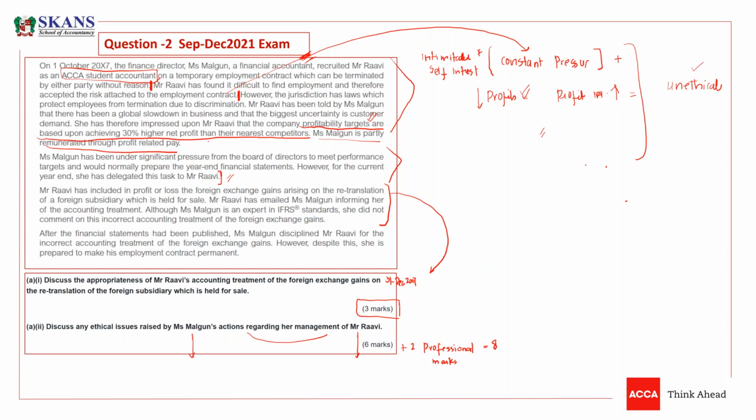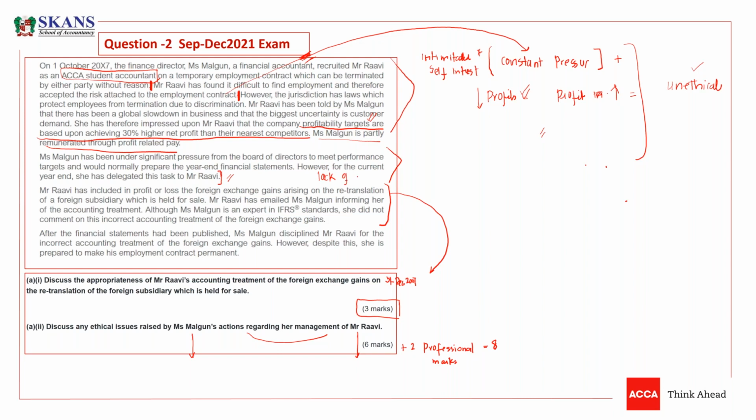So this is another problem, that maybe Mr. Ravi doesn't have sufficient knowledge and experience to finalize the financial statements. One thing, yes, there would be a problem of lack of competence.